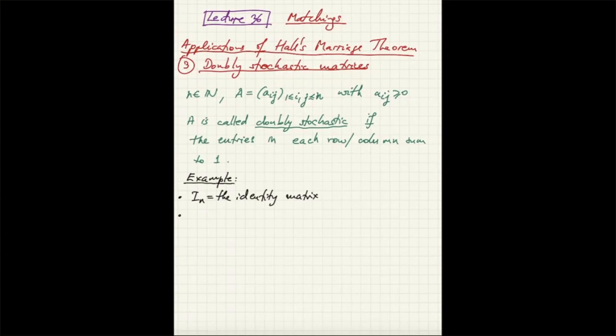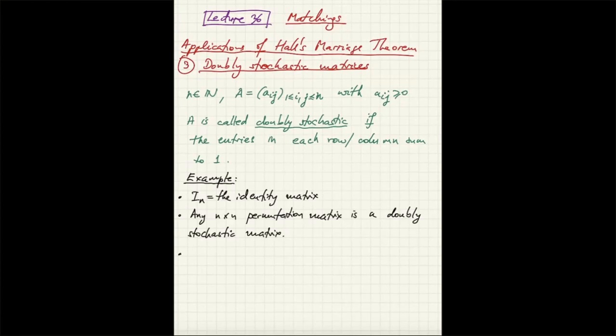Actually, any permutation matrix is a doubly stochastic matrix. So a permutation matrix, as you recall, is a square 0-1 matrix such that in each row and each column there is exactly one 1.